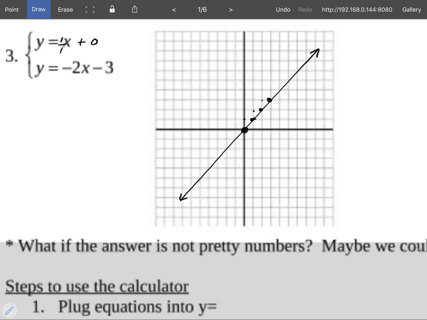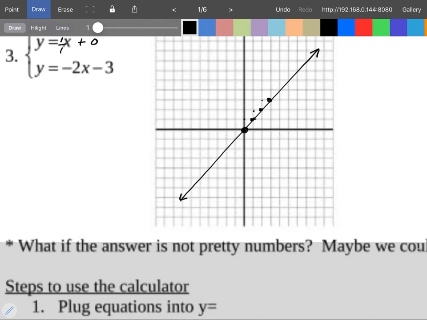All right, now we've got to graph the second line. The second line, the y-intercept is -3. So let's plot that. Maybe I'll do this one in red. So the y-intercept is at -3, so put a dot there.